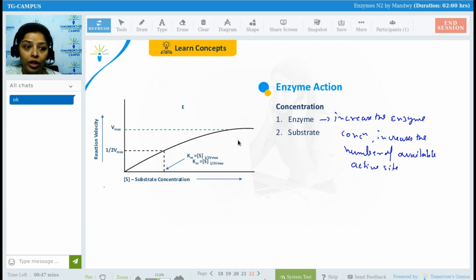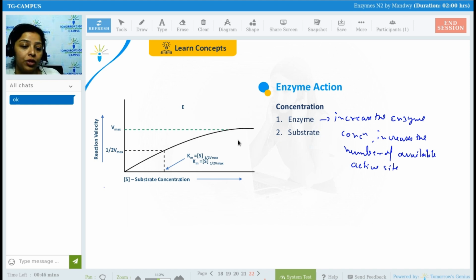So more and more substrate will come and bind to them, and it will increase the rate of reaction. But at a certain point, the rate of reaction will be constant. Okay. Now let's see the concentration of substrate.